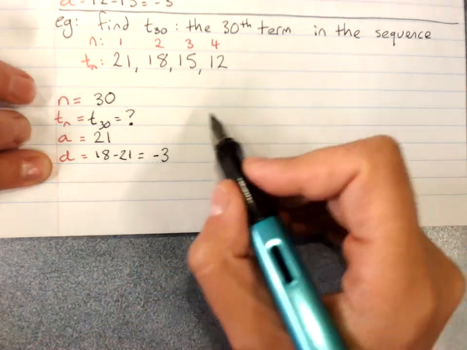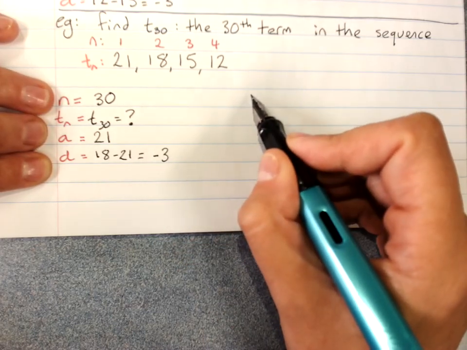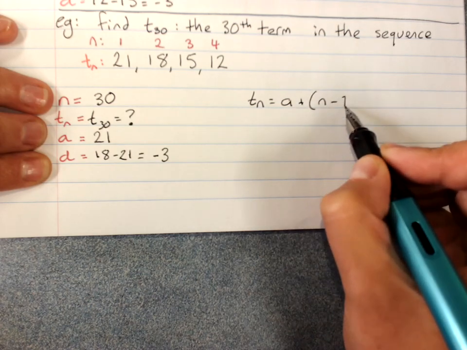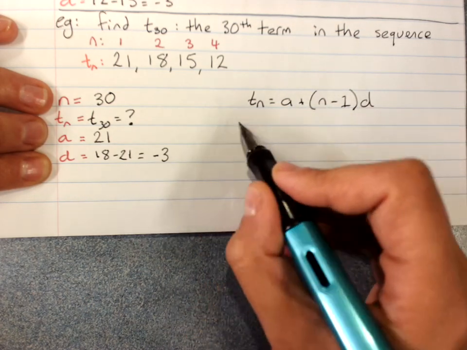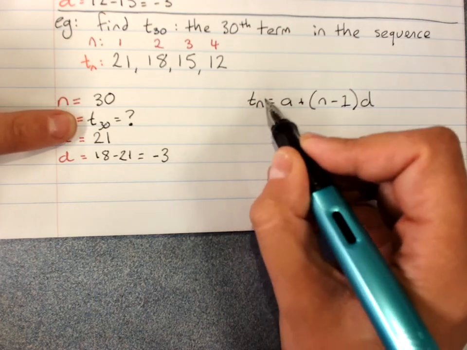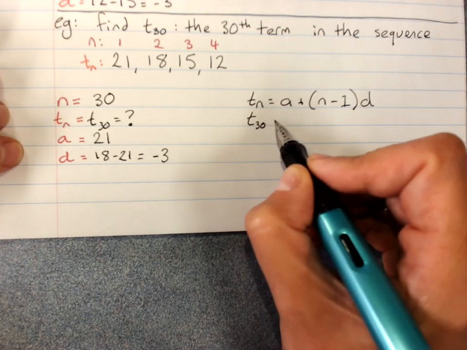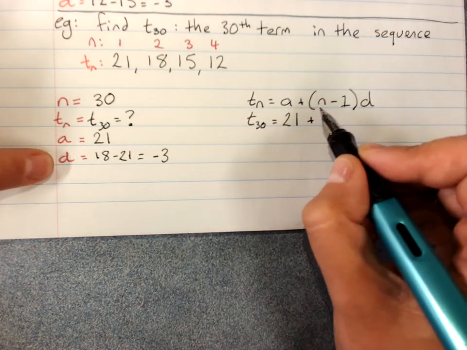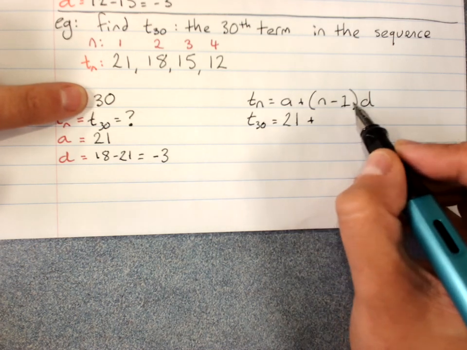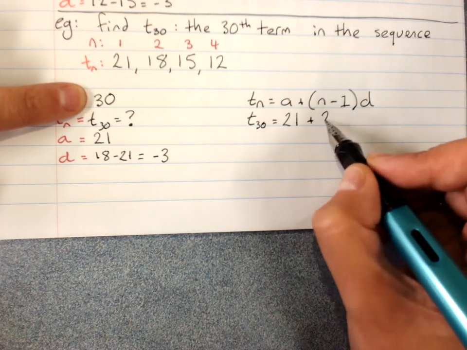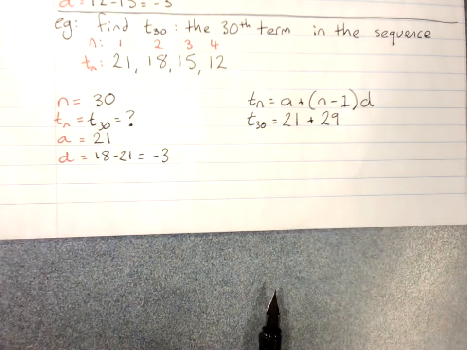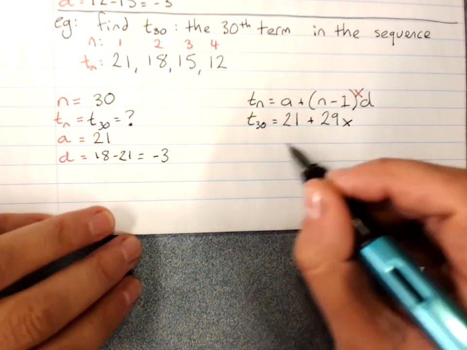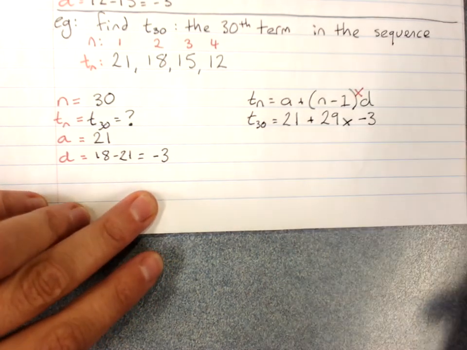Then, substitute the values into the formula. Tn equals A plus n minus 1 times the common difference. I want T30, so I'm finding T30. A is 21 plus, don't bother substituting in 30 minus 1. What's 30 minus 1? It's 29. Don't forget your times sign here, times the common difference of negative 3.